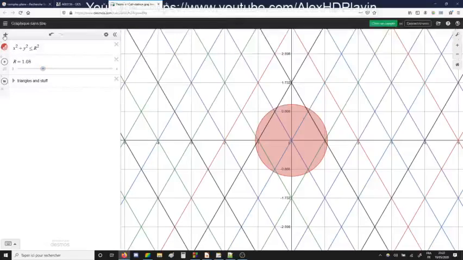So 7 vertices, and then if we go up to square root of 3, which is roughly 1.73, if I'm not mistaken, yeah, there's this one, this one, this one, this one, this one, this one. So 6 more, which is 7 plus 6, 13. So we have 13 vertices.